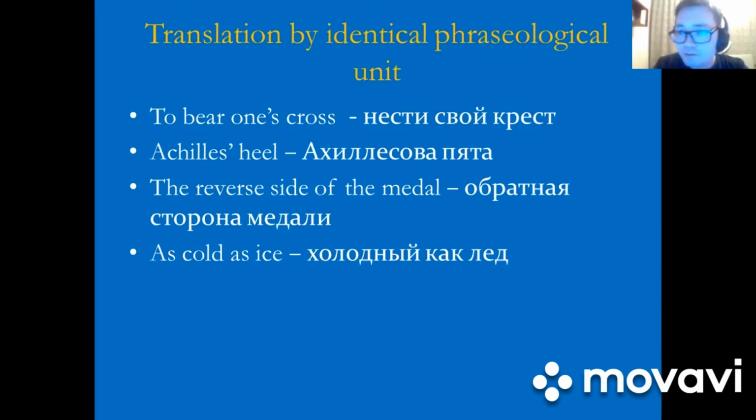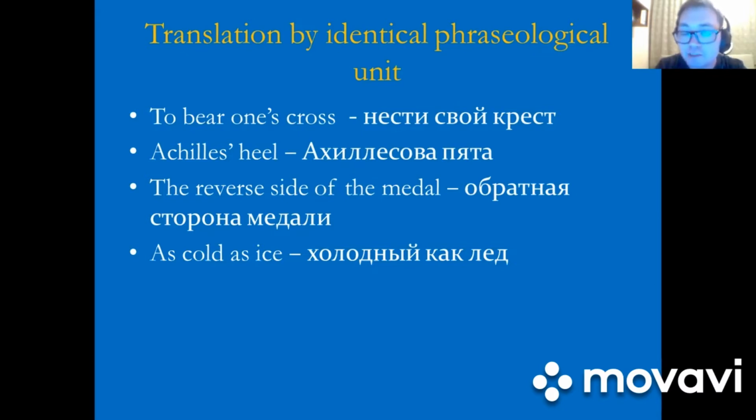The first translation technique is translation by identical phraseological unit. So here you can see on the screen some examples of that technique. The first phraseological unit given here is to bear one's cross.